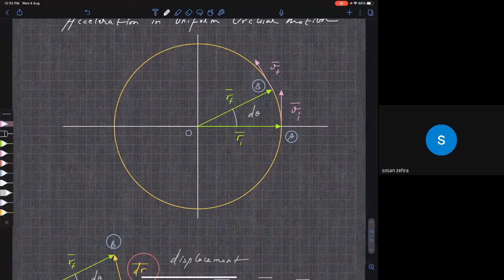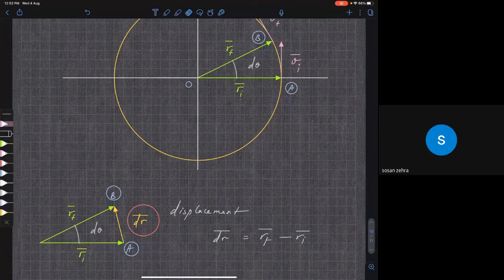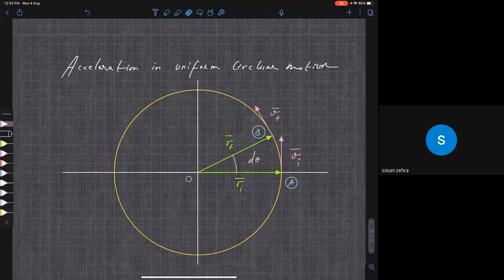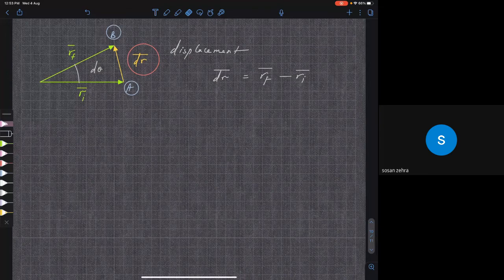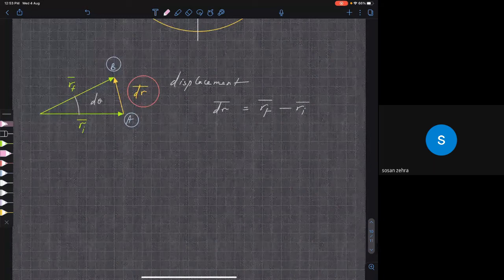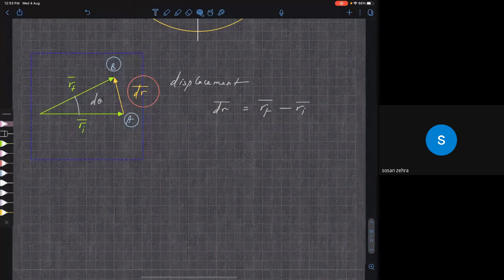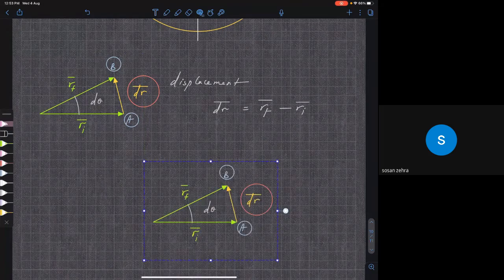Now if you look at velocities, velocity vectors, velocity vector दिखाई दिया आपको vi और vf? So can I draw velocity vectors like this? Let me just take this triangle. Watch carefully what I am doing here.